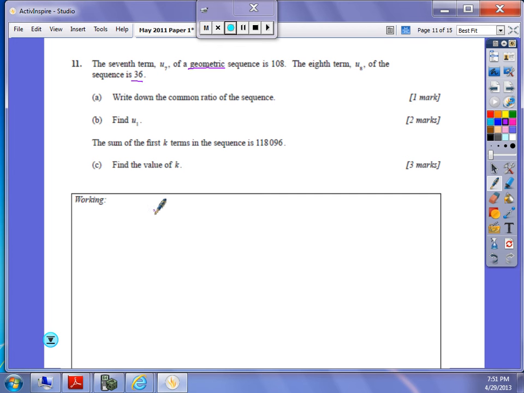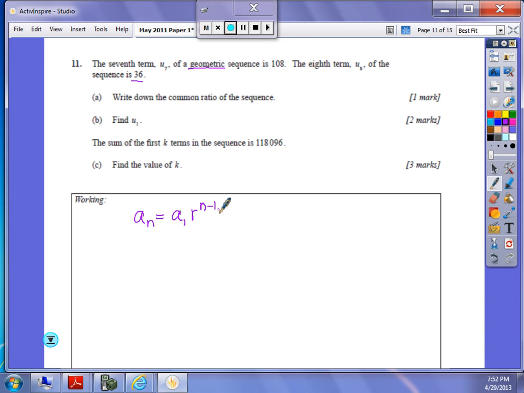Well, we remember that in a geometric sequence, any term, the nth term (I use a's instead of u's), is equal to the first term times the ratio to the power of n minus 1. We also know that to find the ratio, we can divide any term by its previous term.